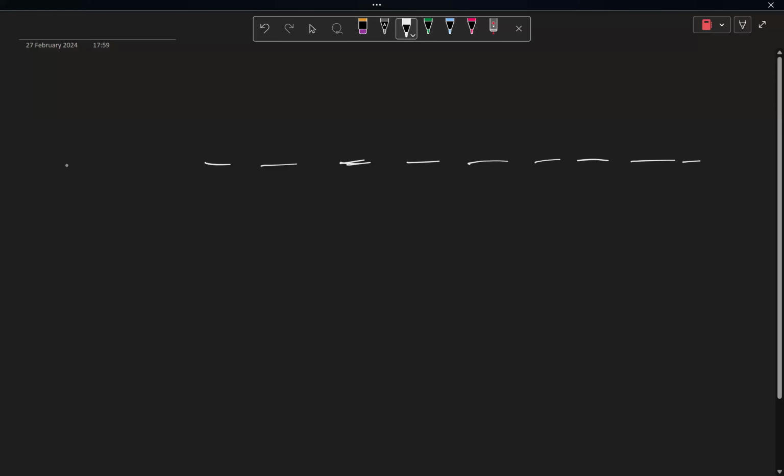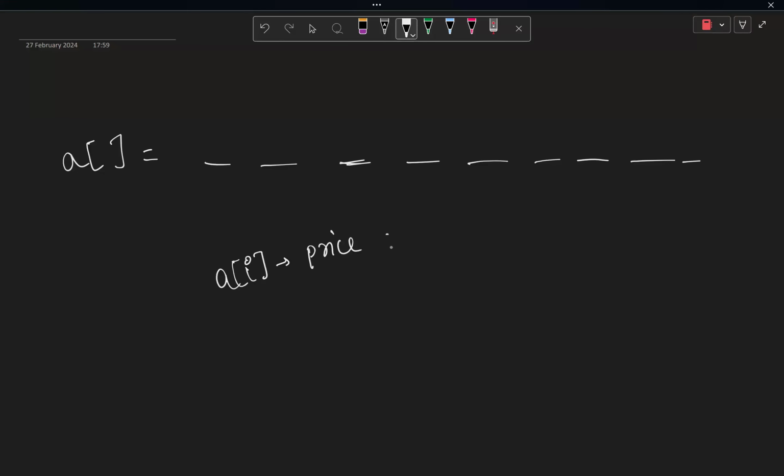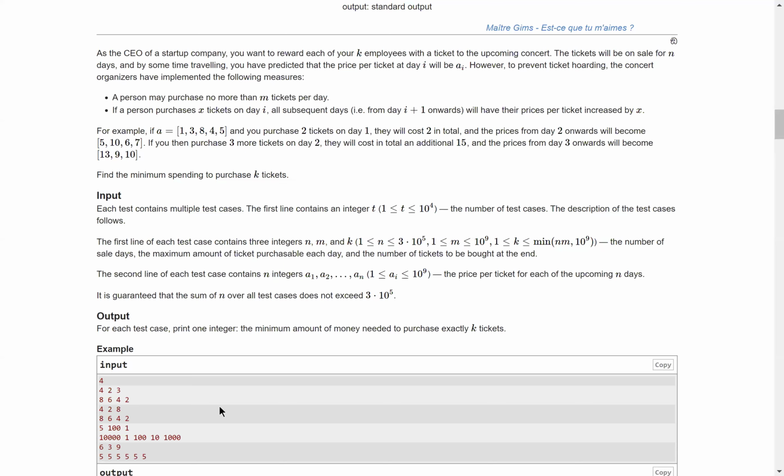What it says is you have been given an array A where A[i] tells about the price of the ticket on the ith day. So if you see three written in the third place, it means that on the third day the price is three, and so on for everybody.